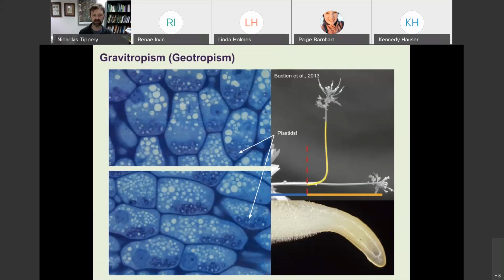And in both of these situations, these heavy dark blue things, I think they're filled with starch, so they're just starch grains in there. They're heavier than the rest of the cell, and they fall to one side. And the place that they've fallen to tells the plant where bottom is.